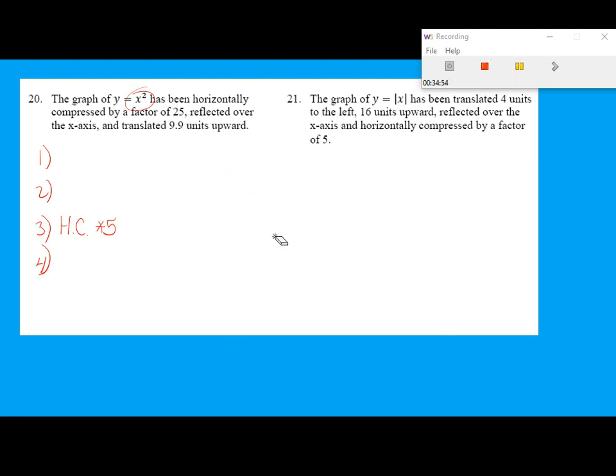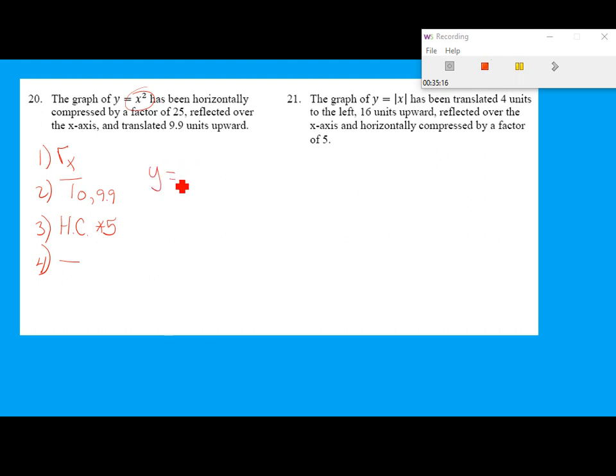It's been reflected over the x-axis, so we know there's a negative out front. My translation is over left or right none, but up 9.9, and it does not look like it's been reflected over the y. So my equation is going to look something like this.